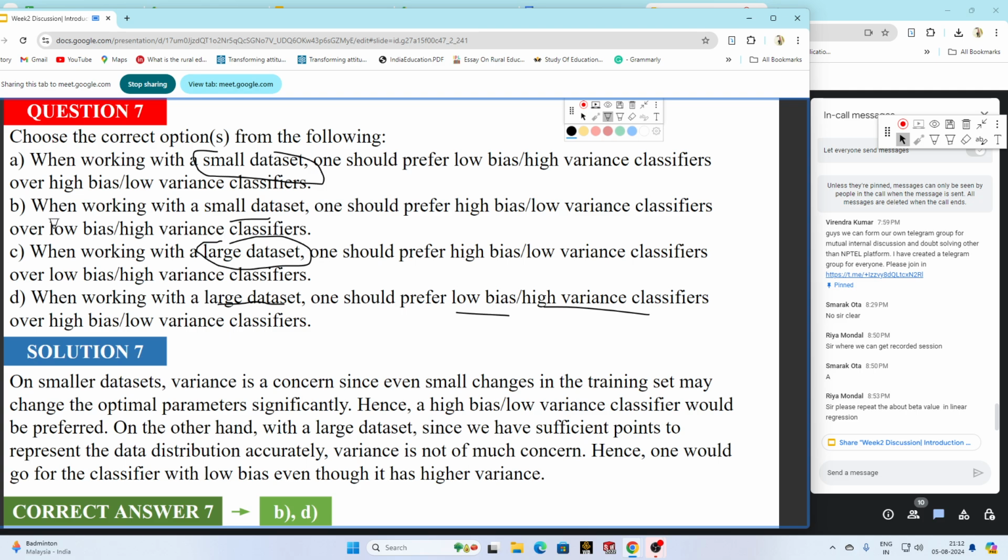So option B is correct. Now when working with a large data set, we know that the data can be very much spread, so variance can be large, but as we are dealing with a large data set, we require our bias to be small. So when working with a large data set, we want low bias and high variance. So option B and option D are your correct answer.